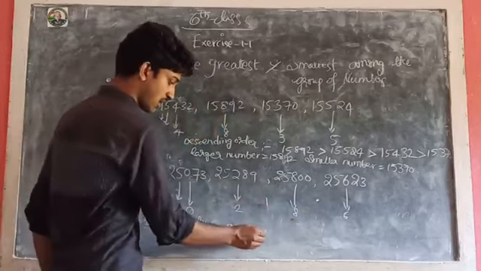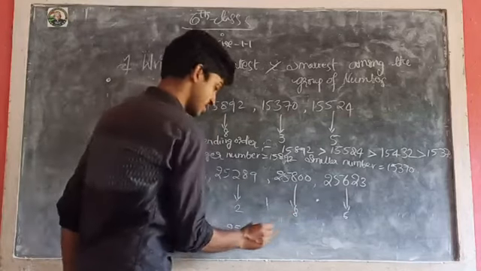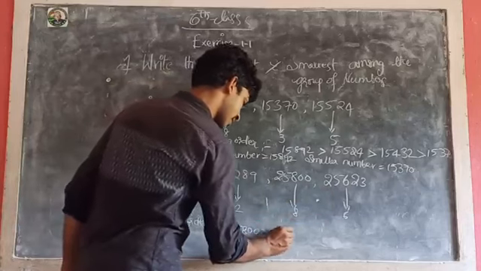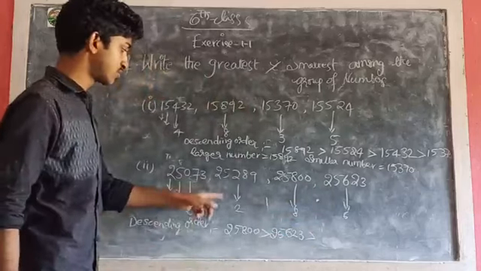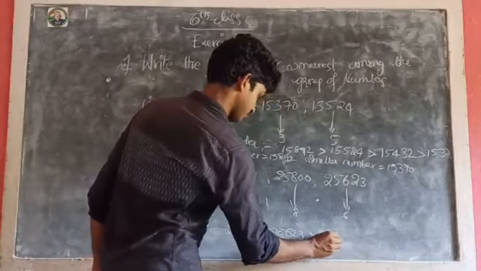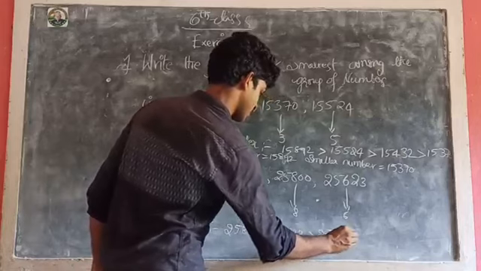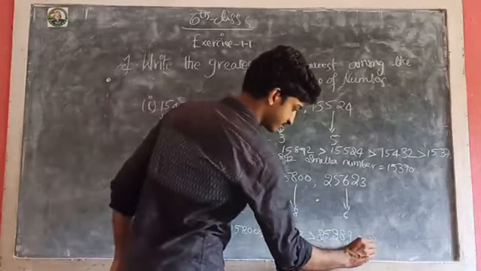After 25,800, 25,623 is the greater number. After 25,623, 25,289 is the greater number. After this, the remaining number is 25,073.